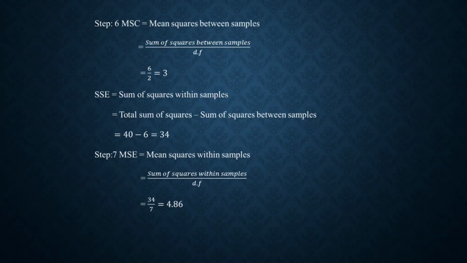Next, to find sum of squares within samples, that is SSE, which is equal to total sum of squares minus sum of squares between samples, that is 40 minus 6, which is 34. Step 7 is mean sum of squares within samples, which is equal to sum of squares within samples by degrees of freedom, which is 34 by 7, that is 4.87.